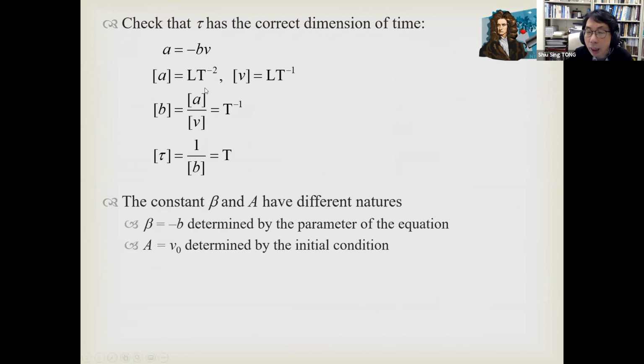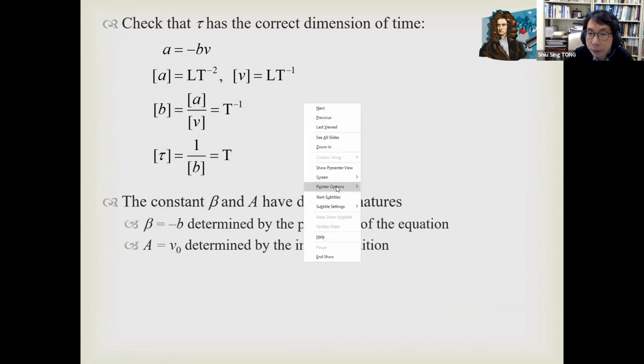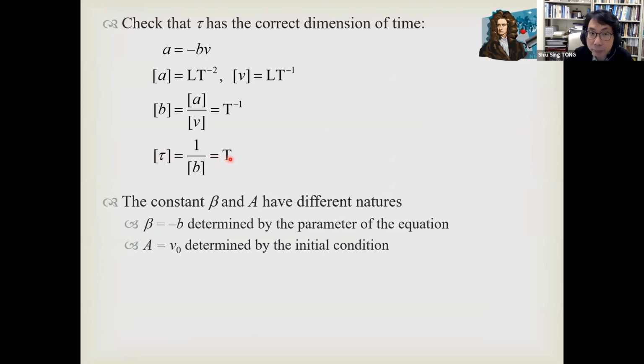Now, this is another angle which allows you to see that the constant tau actually has a dimension of time. We start with the equation of motion. The equation of motion says the acceleration is equal to -bv, right? If you take dimensions on both sides, the dimension of acceleration is L t to the power -2, and the dimension of velocity is L t to the power -1. So the dimension of b is the dimension of a over the dimension of v.